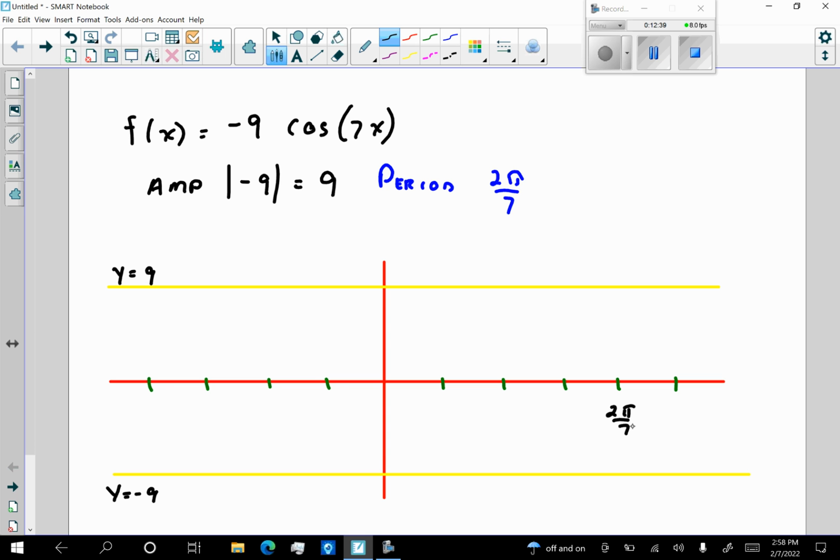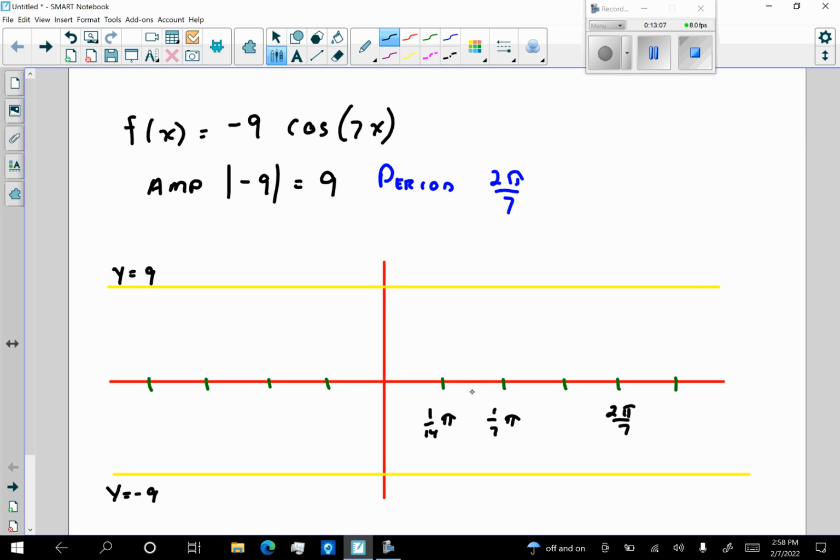And I think we have a good understanding of how to label the increments on the x-axis. If the period is 2 pi over 7, half of 2/7 is 1/7, so this is going to be 1/7 pi. Half of 1/7 is 1/14 pi. And now I know what fourths are equal to.